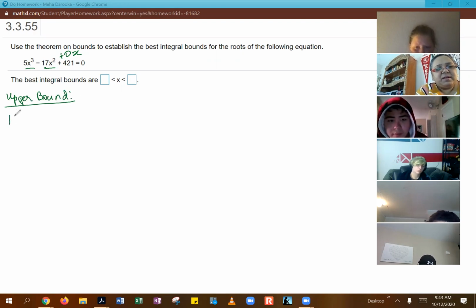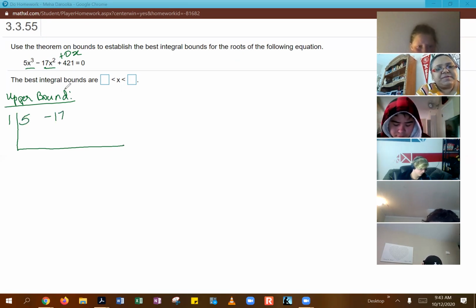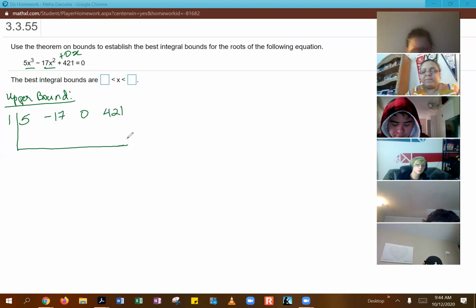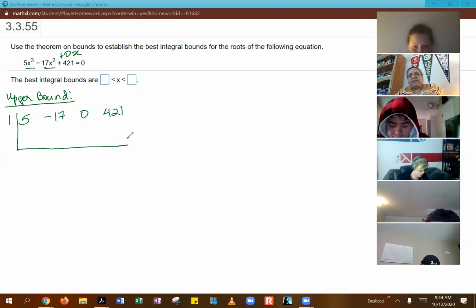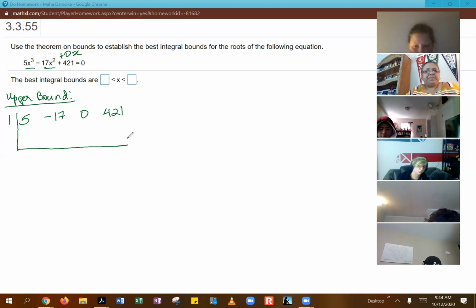So you can start dividing by 1. Our coefficients are 5, negative 17, 0 for that missing term, and then 421. And remember, we are not looking for a 0 remainder or anything like that. What you are looking for with the upper bound is to get non-negative answers in the bottom row of the synthetic division. So remember, you bring the 5 down as it is.